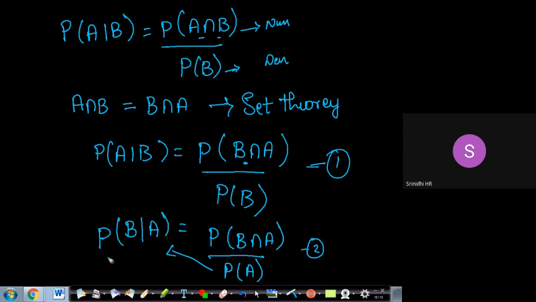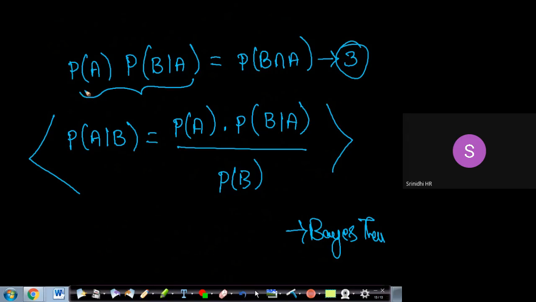Next, I'll go with probability of B intersection A. What is the actual formula for B intersection A? I'm writing this kind of formula here: probability of B given A is equal to probability of B intersection A divided by probability of A. So if I cross multiply this, I will get probability of B intersection A as probability of A into probability of B given A. I'll call this equation 3.